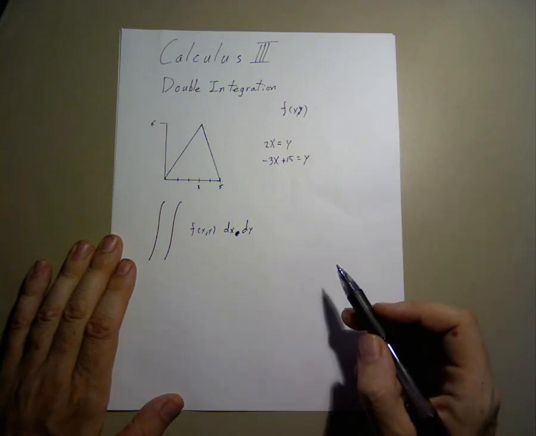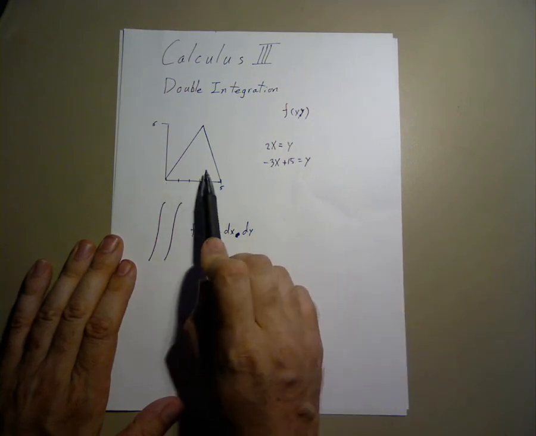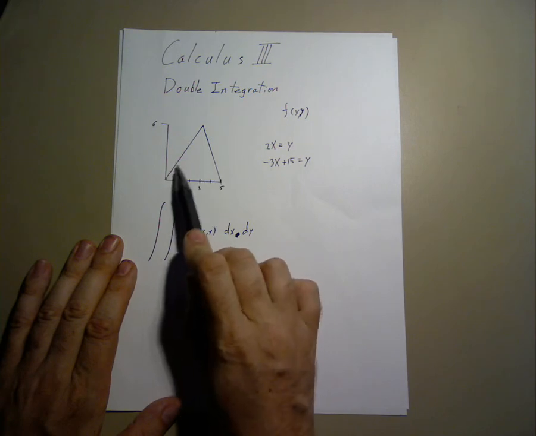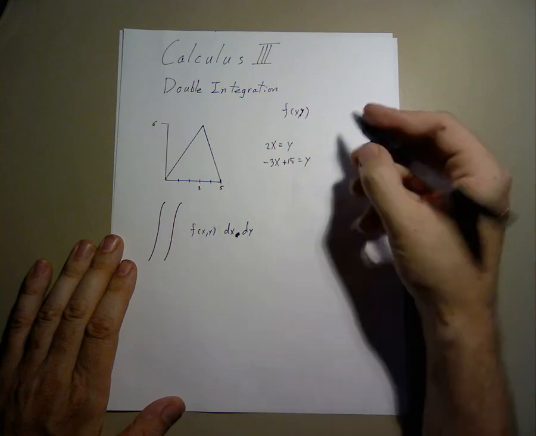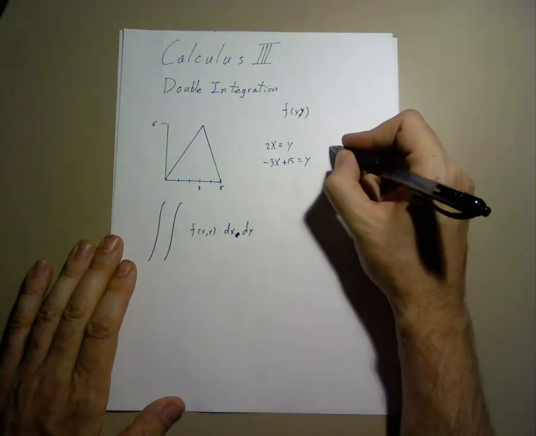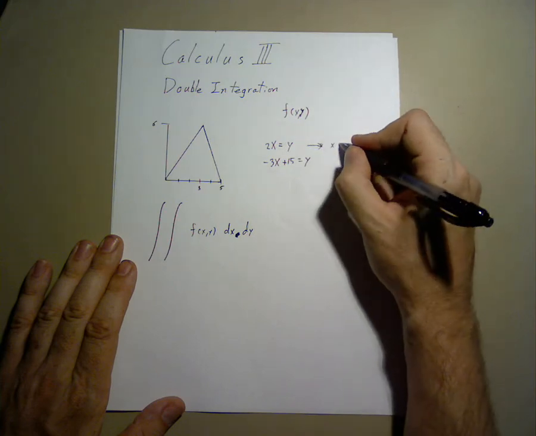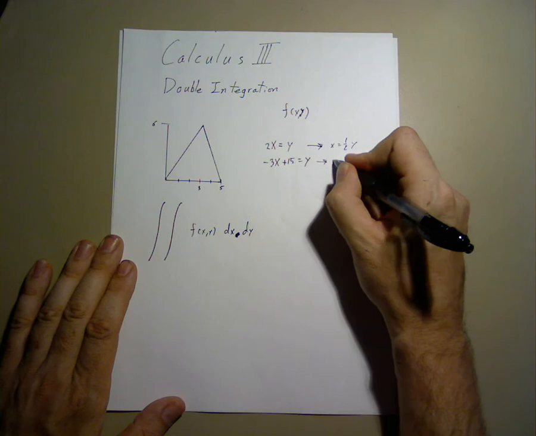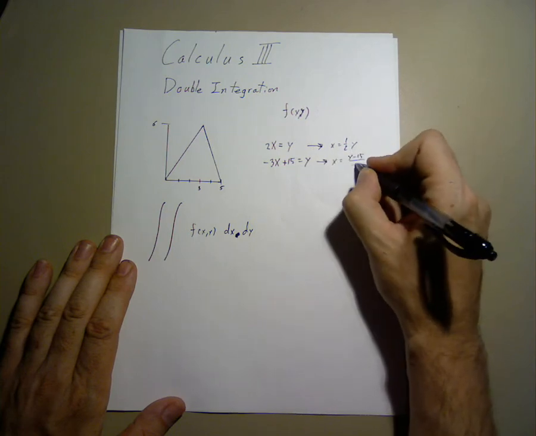In this case, we want to integrate between this line and this line without knowing exactly where those positions are. So we solve each of these equations for x. x equals 1/2 y. x equals (y minus 15) over minus 3.